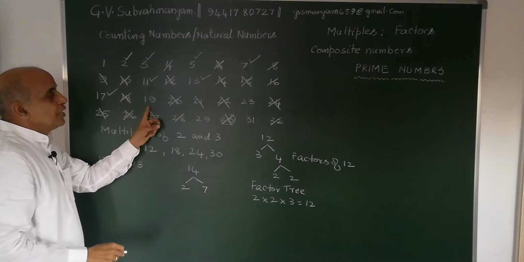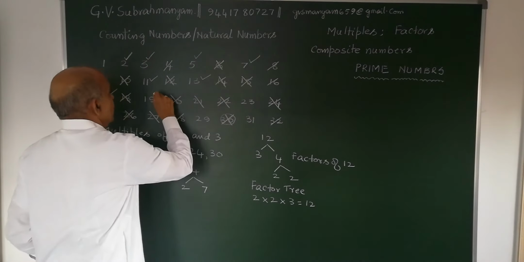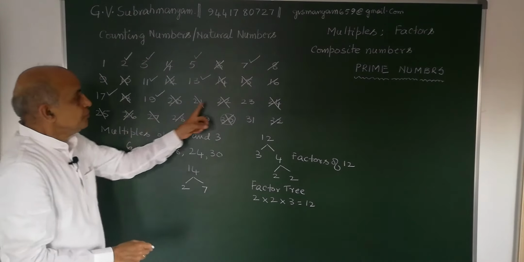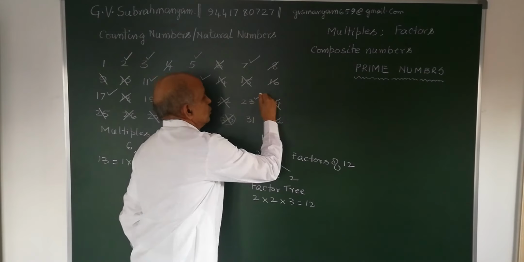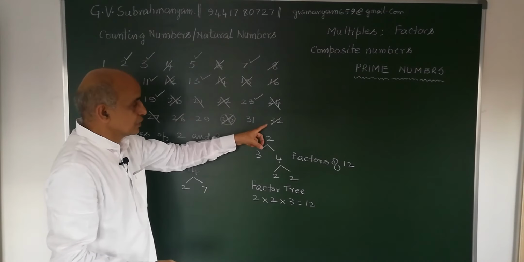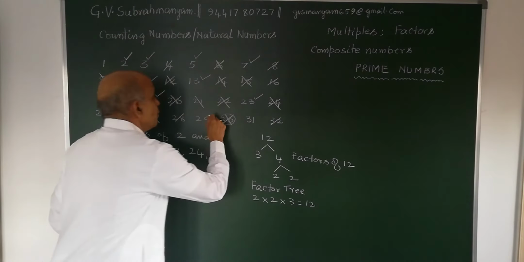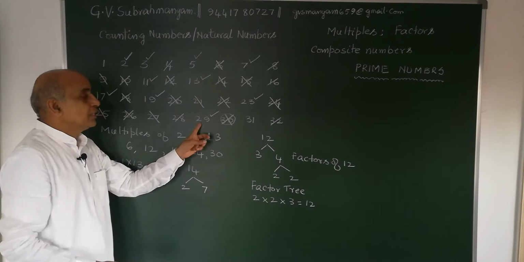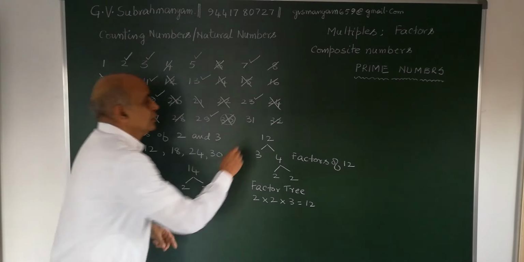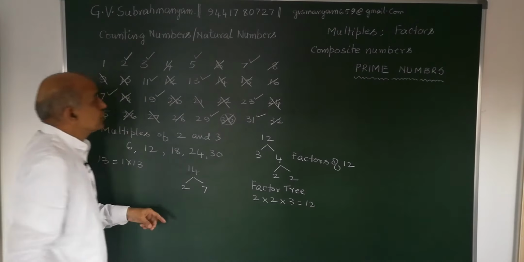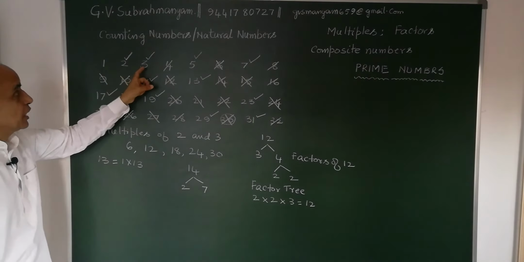Then 19, 19 2s are 38, which is also not here. 23, 2 times 23 is 46, also not here. Then 29, its second multiple also is not here. 31. So dear children, these are the special numbers.